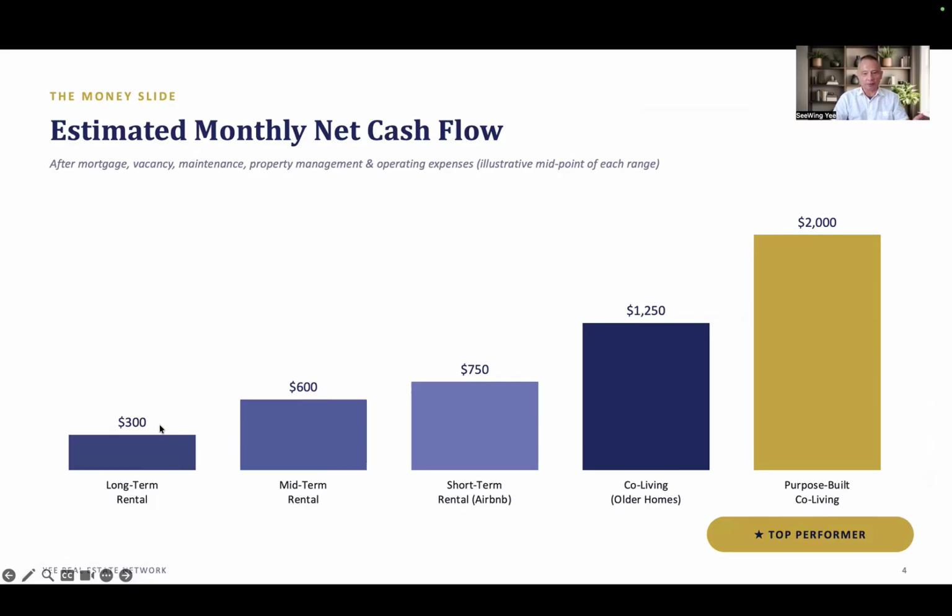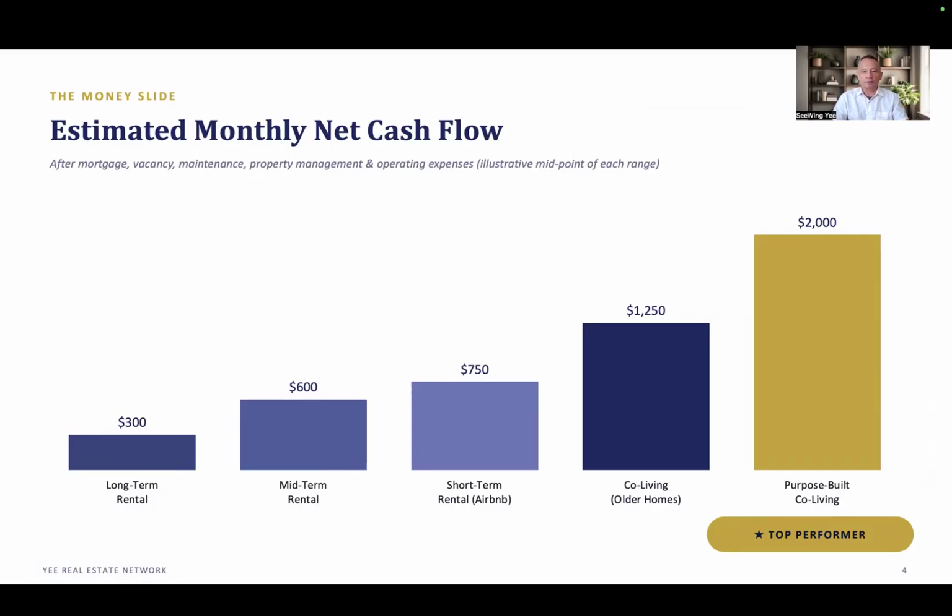That's like $300. A mid-term rental is where you rent the whole house furnished, typically through Furnished Finder, which is the marketing technology platform, if you will, for mid-term rentals: furnished, longer than 30 days, less than 365 days.